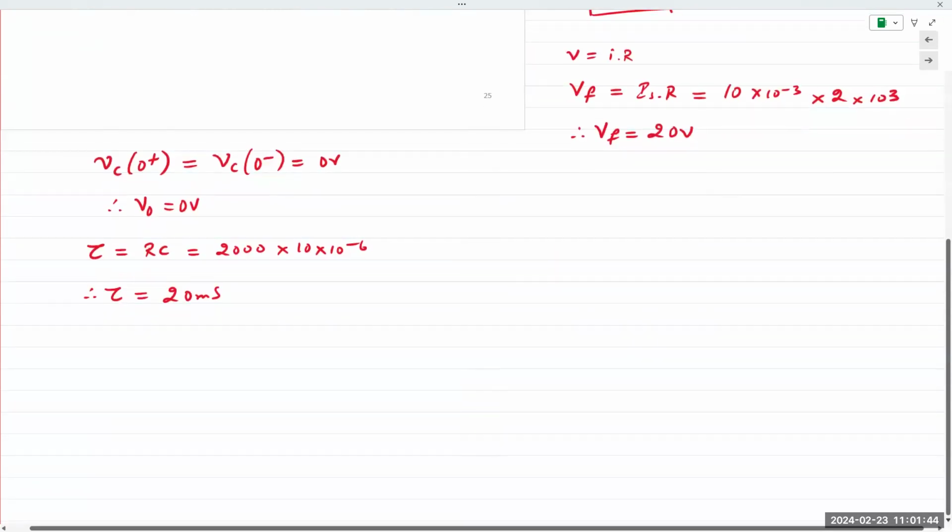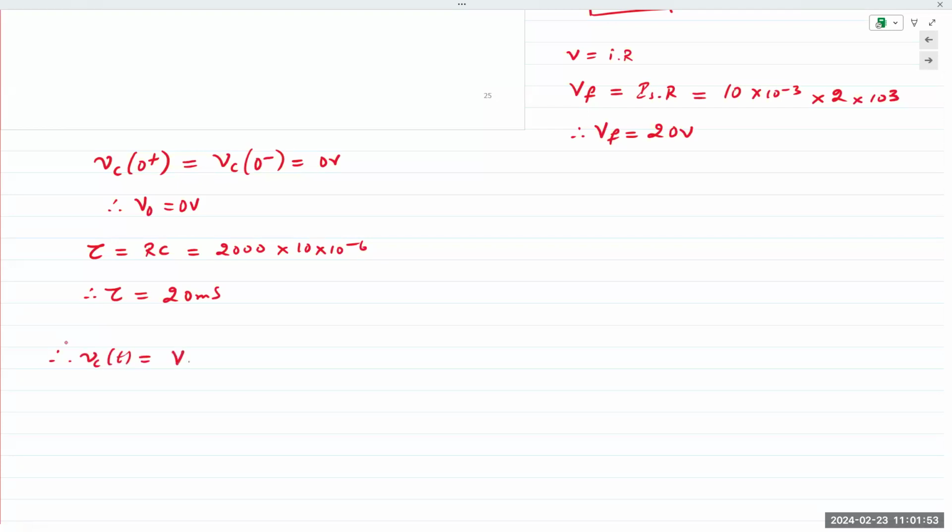I have V0, I have Vf, and I have tau. I would plug it directly into the expression for Vc of t. So Vf plus V0 minus Vf, times e raised to minus t over tau. And therefore, Vc of t is 20 plus 0 minus 20, times e raised to minus t over 20 milliseconds.